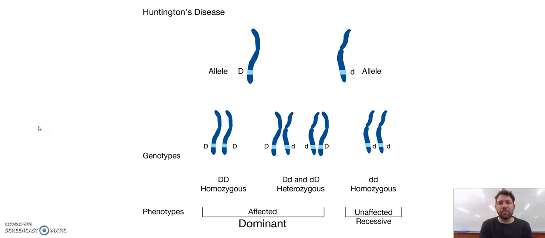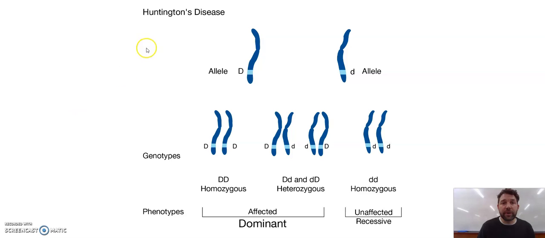I'm going to use the example of Huntington's disease now to teach you about dominant and recessive alleles. We use a capital letter to represent a dominant allele, and we use a lowercase letter to represent a recessive allele. When we combine these 2 alleles, we have 4 possible combinations: uppercase, uppercase; uppercase, lowercase; lowercase, uppercase; or lowercase, lowercase.